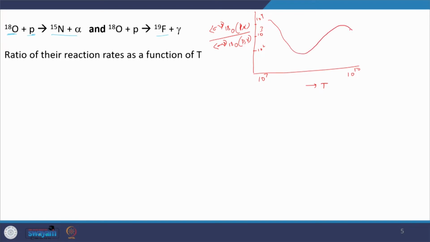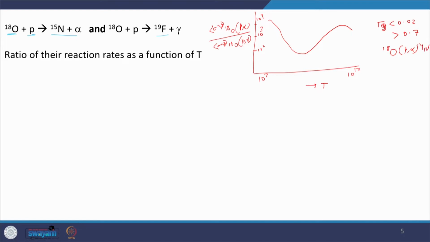What does it mean? At T9 less than 0.02 and greater than 0.7, the hydrogen burning takes place entirely through the P alpha reaction.